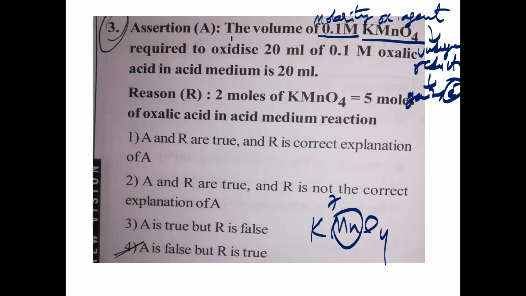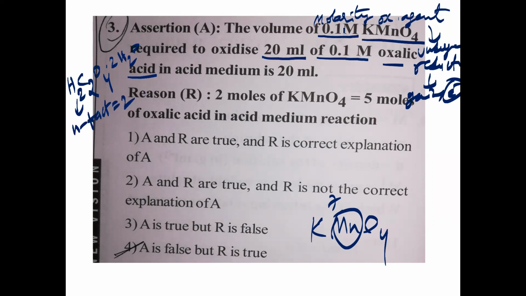Now, the volume of 0.1 molar KMnO4 required to oxidize 20 ml of 0.1 molar oxalic acid. Yesterday I told you the oxalic acid formula, H2C2O4. For oxalic acid, n factor I told you is equal to 2.